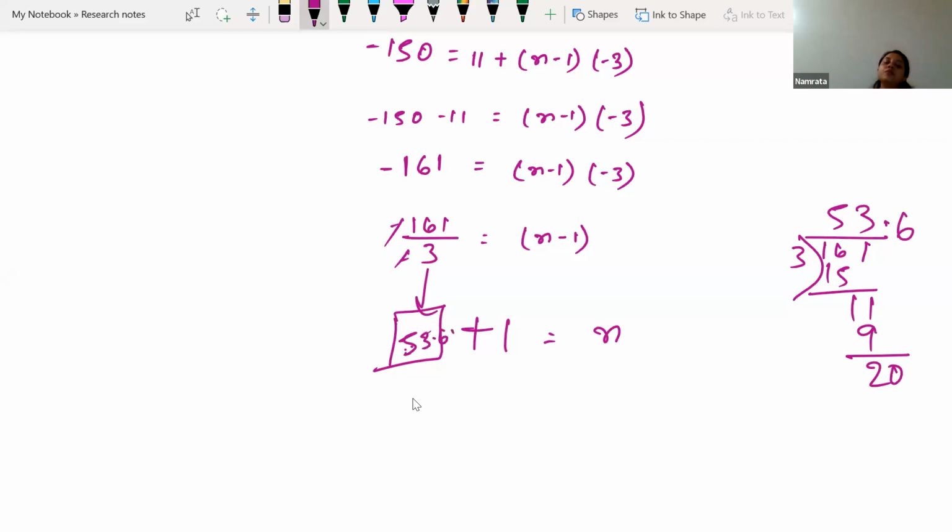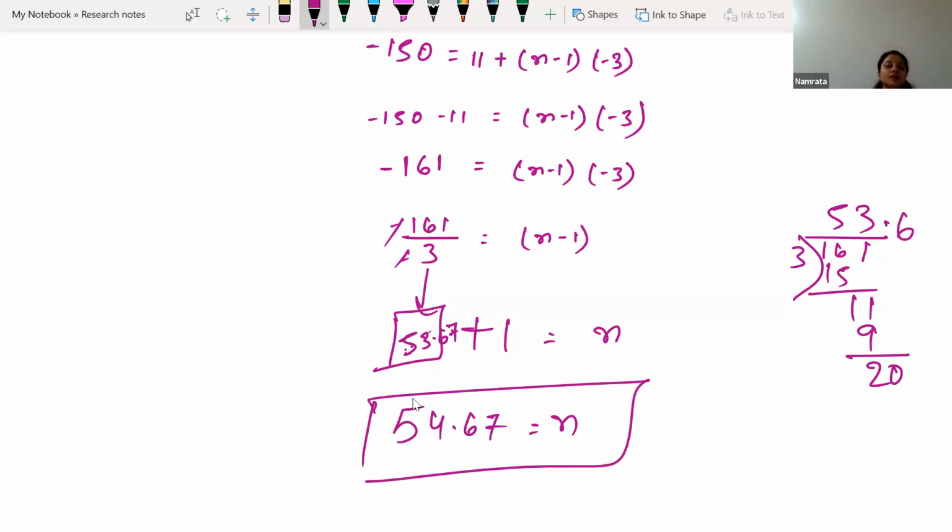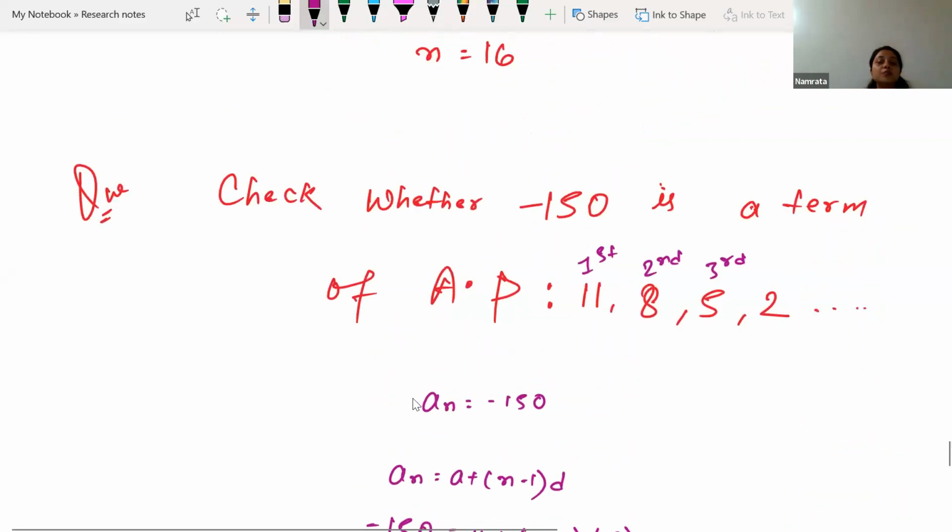When you add 1 to it, it will be 54.67. Does this exist over here? n is equal to 54.67th term. Does it exist in our sequence?